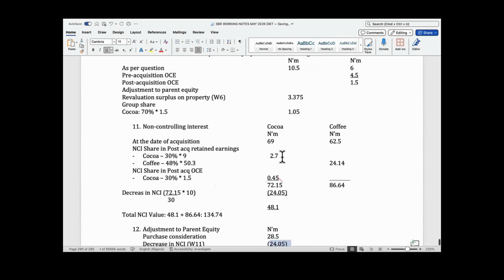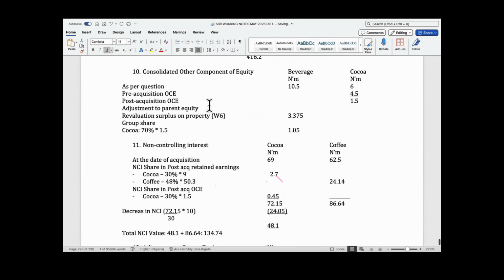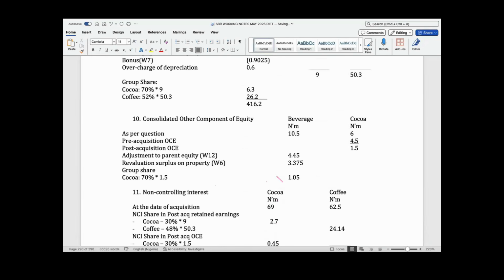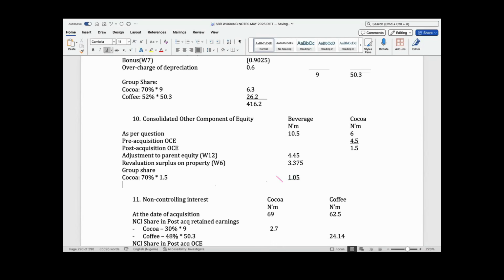So that is workings 12. That 4.45 will impact this one. Then it will be in brackets, sir.